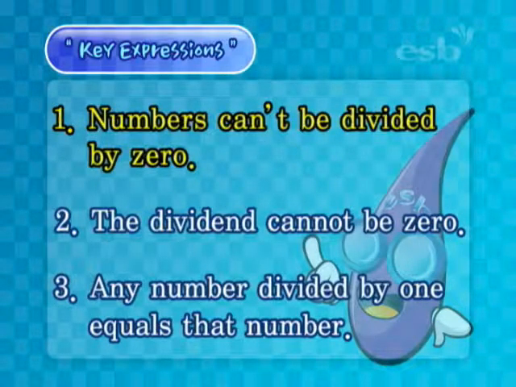Number 1, numbers can't be divided by 0. Number 2, the dividend cannot be 0.